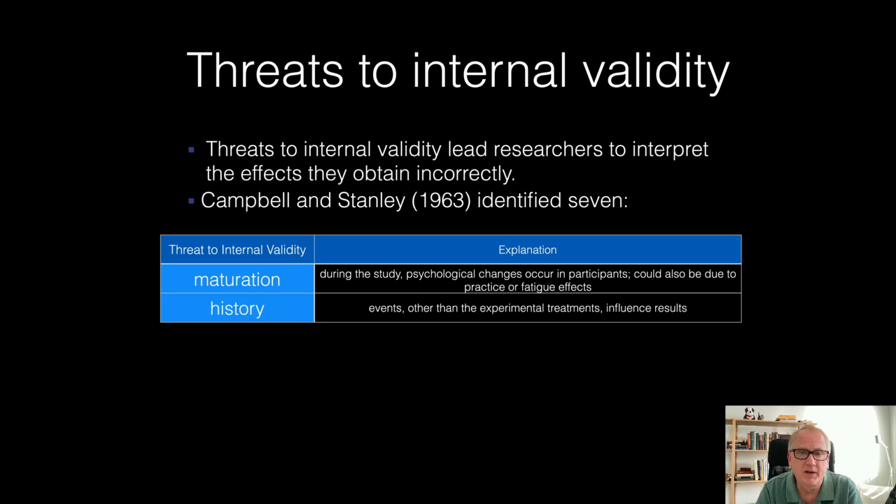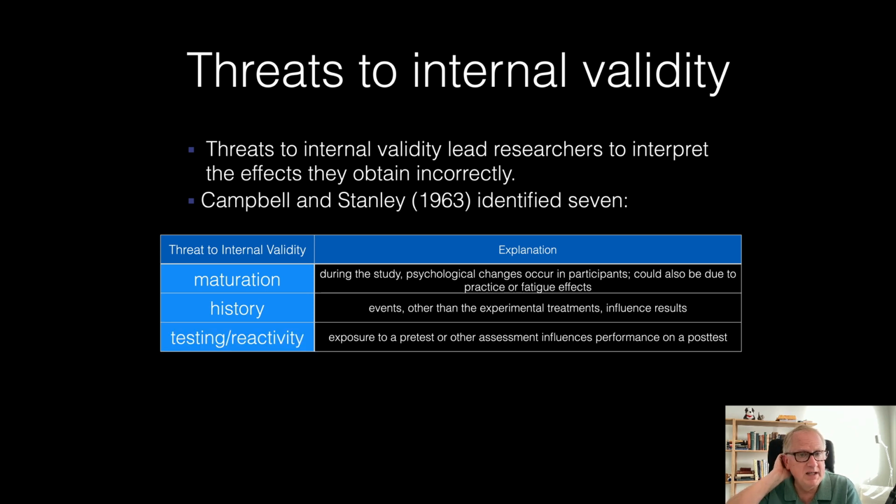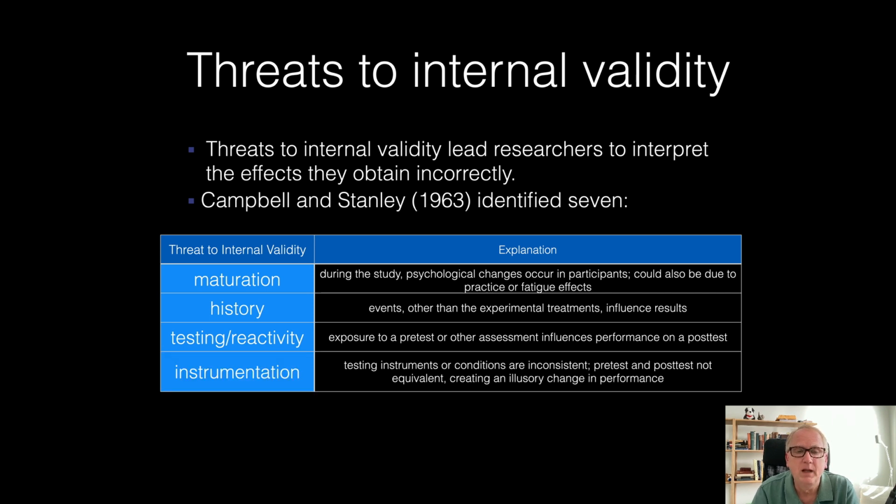History is events other than the experimental treatment influencing the results. We have a threat called testing or reactivity. This is exposure to a pretest or other assessment influencing the performance on the post-test. So just being in the experiment, being tested, being measured is affecting the participant.